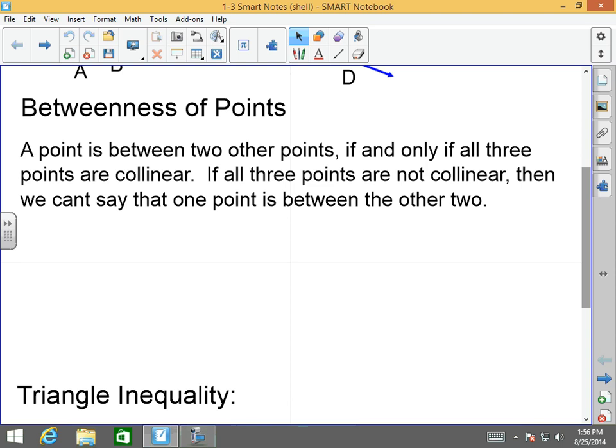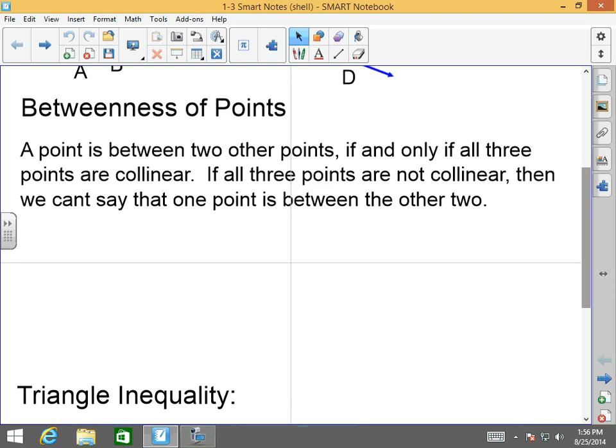Betweenness of points. A point is between two other points if and only if all 3 points are collinear. If all 3 points are not collinear, then we cannot say that one point is between the other.